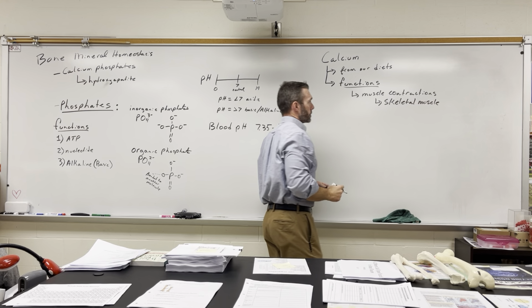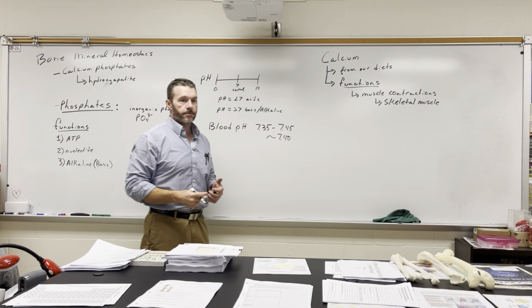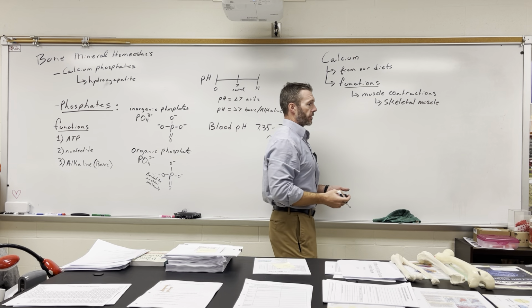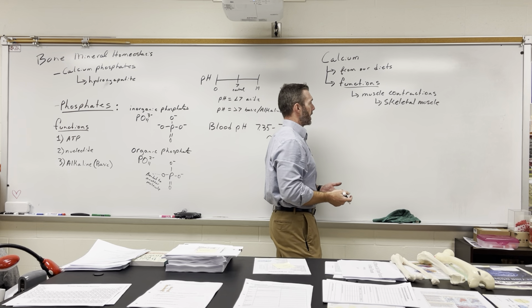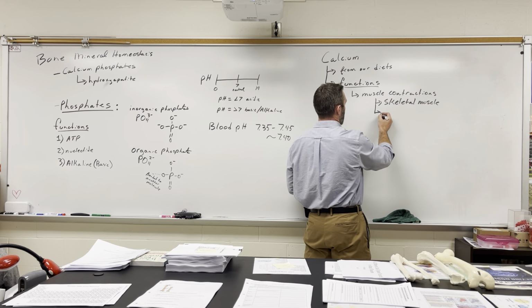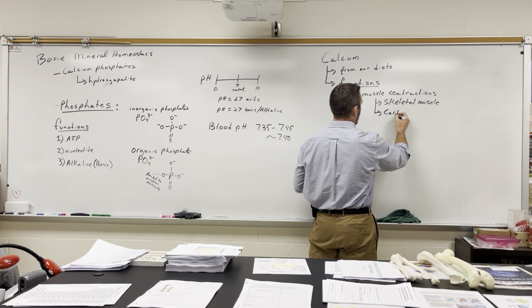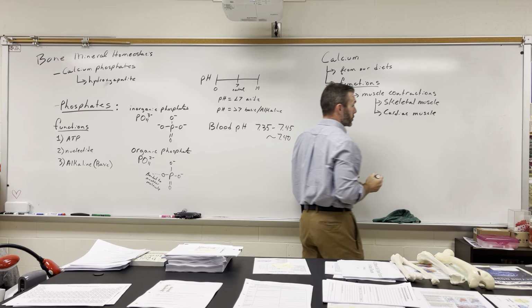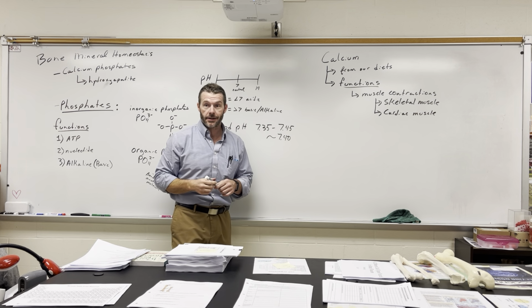Skeletal muscle to contract uses calcium, obviously for movement and exercise to stay healthy. We have to use our skeletal muscles, so we have to have a sufficient amount of calcium to do that. The other type of muscle that we're concerned about is cardiac muscle. Cardiac muscle has to continue its job so we can pump blood throughout the body and stay alive.